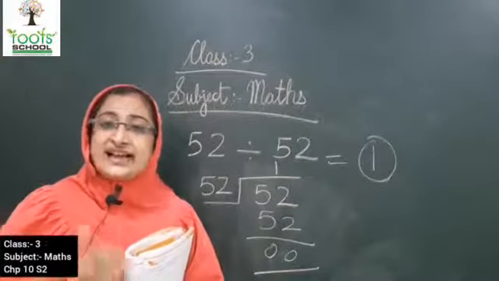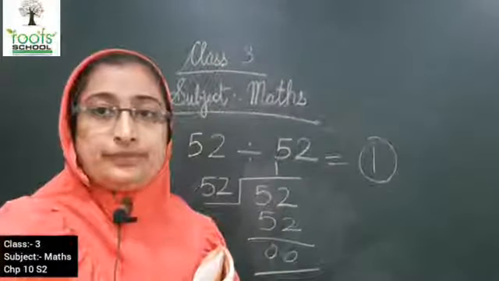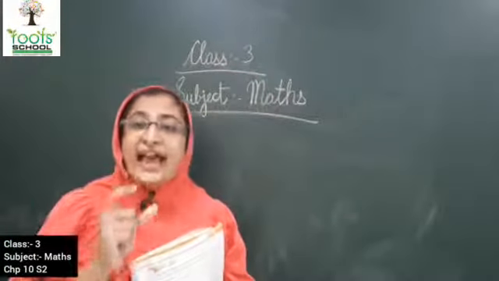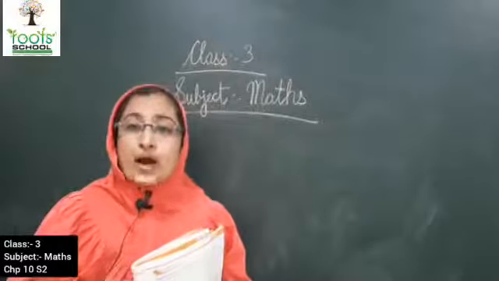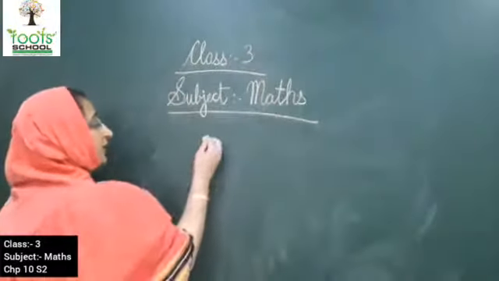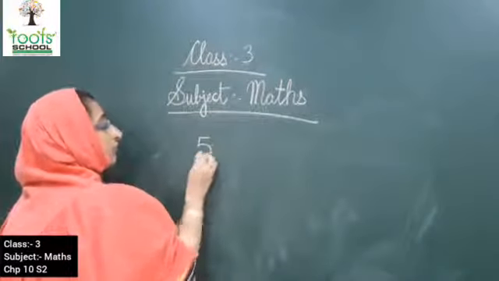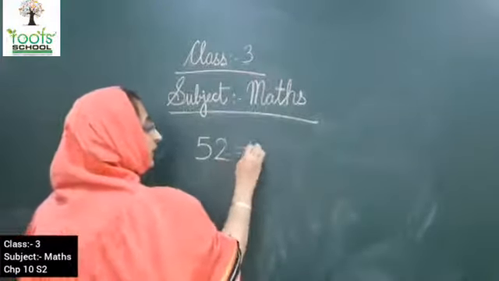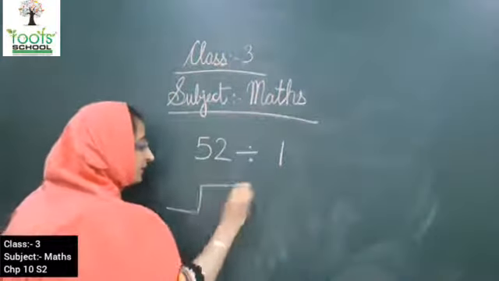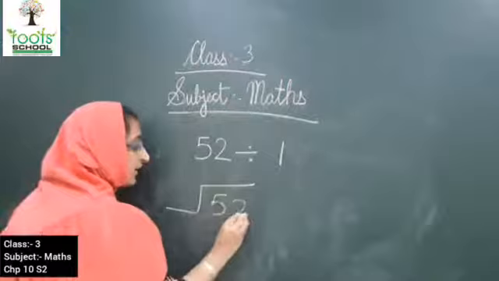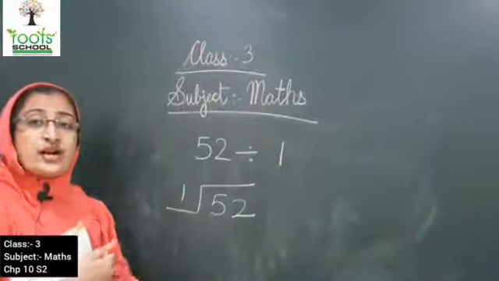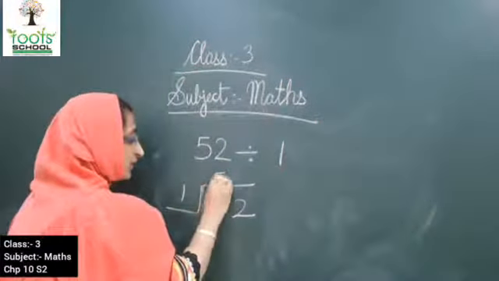Now kids, let's study the second property. Any number divided by 1 is the number itself. For example, if I say 52 divided by 1. How are you going to write the sum? 52 divided by 1. Now in the one table, when does 52 come? 1 5s are 5.